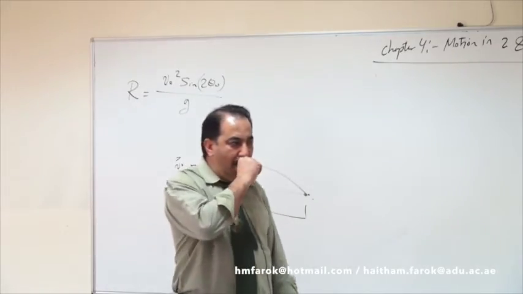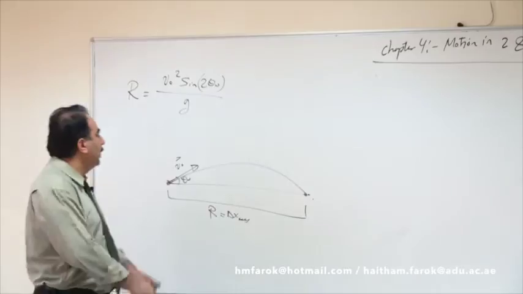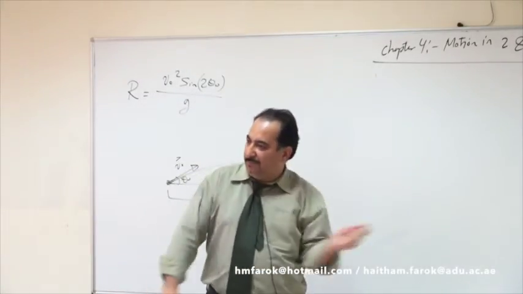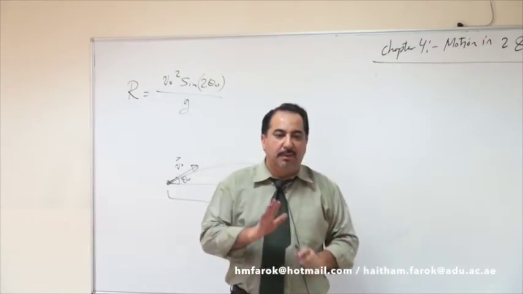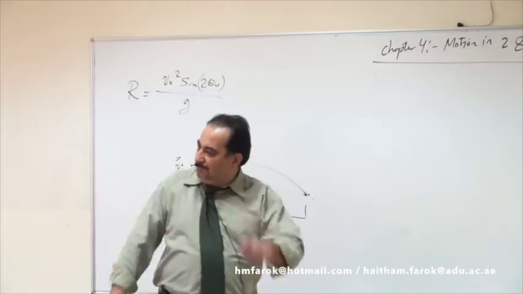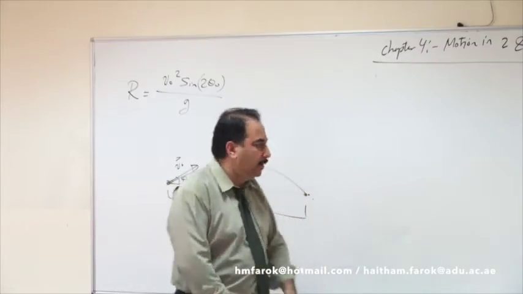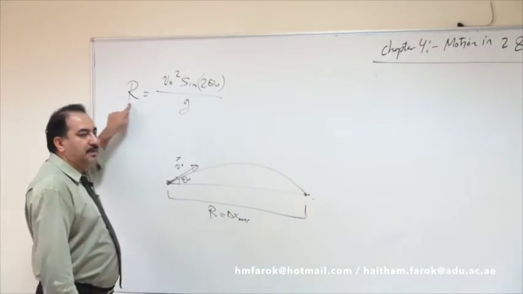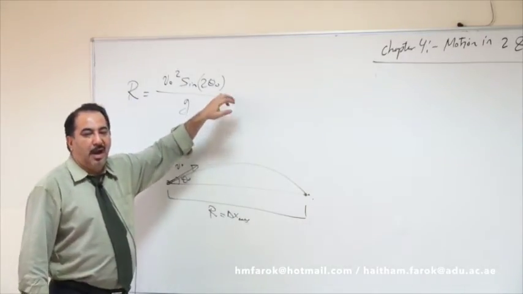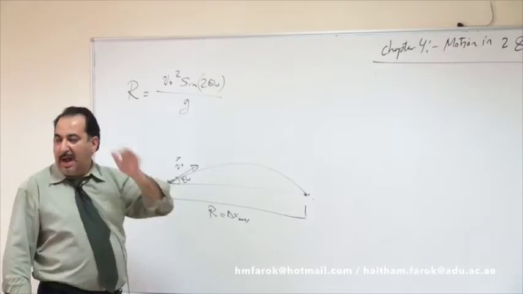Now let's say this time you fix the speed; let's say you always throw with 10 meters per second. Now if I want to maximize R, increase R, what should I do? I have to change the angle.